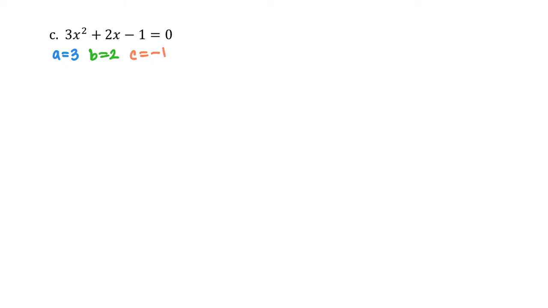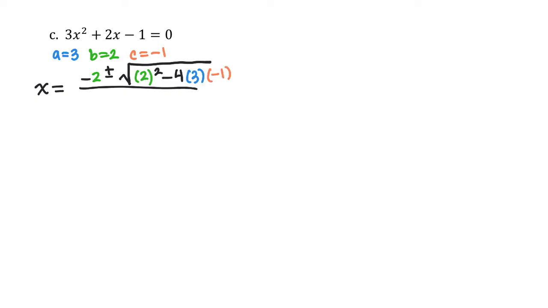Okay, since we're solving for x, I'm going to say x equals -b plus or minus the square root of b squared minus 4ac, all over 2a.